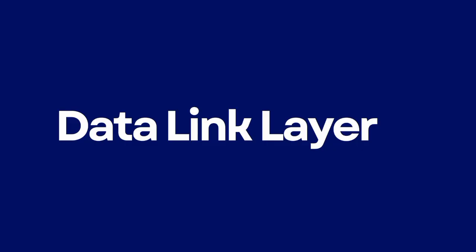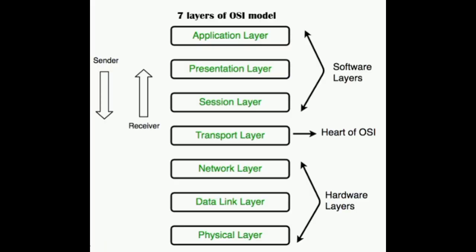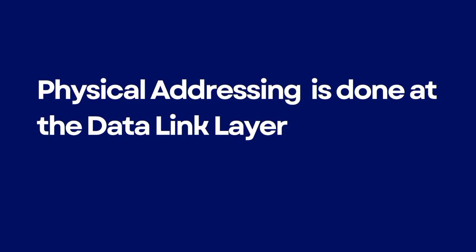So the next layer now is the data link layer. The data link layer and the physical layer in the OSI model form the network access layer in the TCP/IP model, and this is very, very important. The data link layer is the one that receives packets from the network layer, and this is where physical addressing is done.